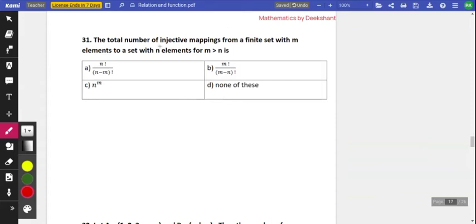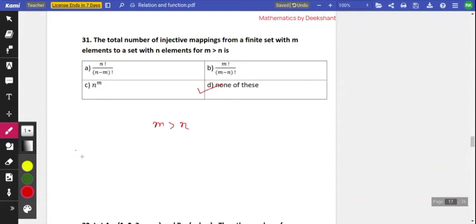In this question, find the total number of injective mappings from a finite set having M elements to a finite set having N elements. In this case, M is greater than N. So the total number of injective mappings in this case is 0, because we cannot assign an image to each element of A. So the correct answer is none of these.